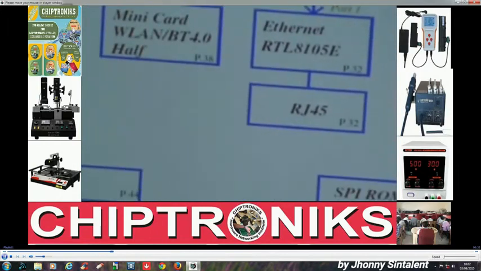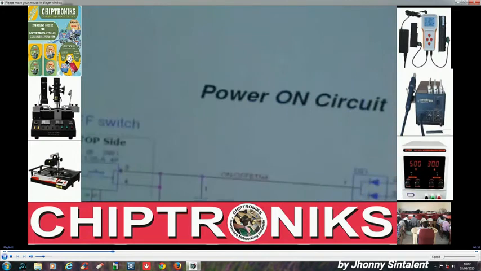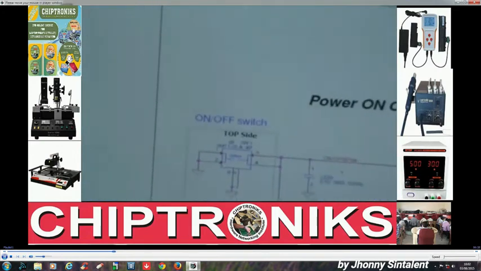Yes, and on page number 39 we have our IO controller. So let's see our IO controller over here.